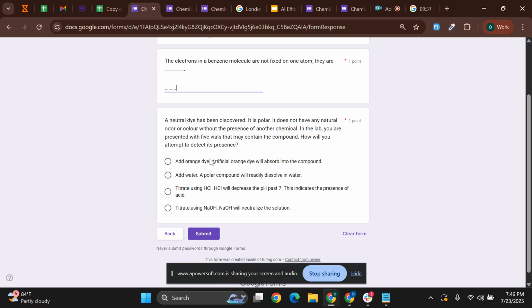A neutral dye has been discovered. It is polar. It does not have any natural odor or color without the presence of another chemical. In the lab, you are presented with five wells.